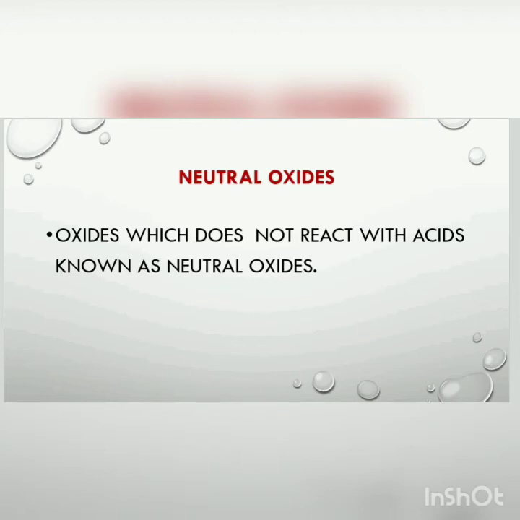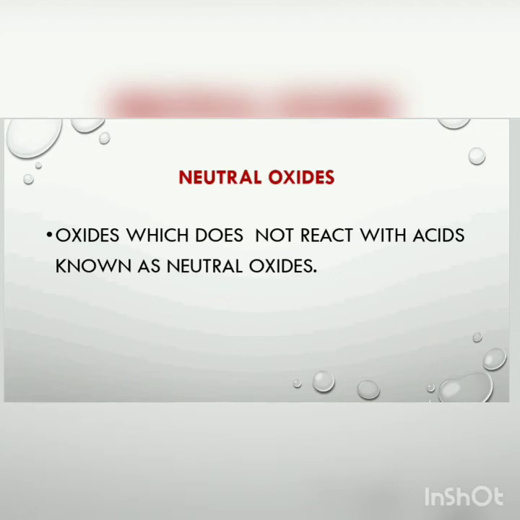Another definition: a neutral oxide is one that does not exhibit any tendency to form salts with either acids or bases, right? The examples of neutral oxides include nitrous oxide and carbon monoxide.